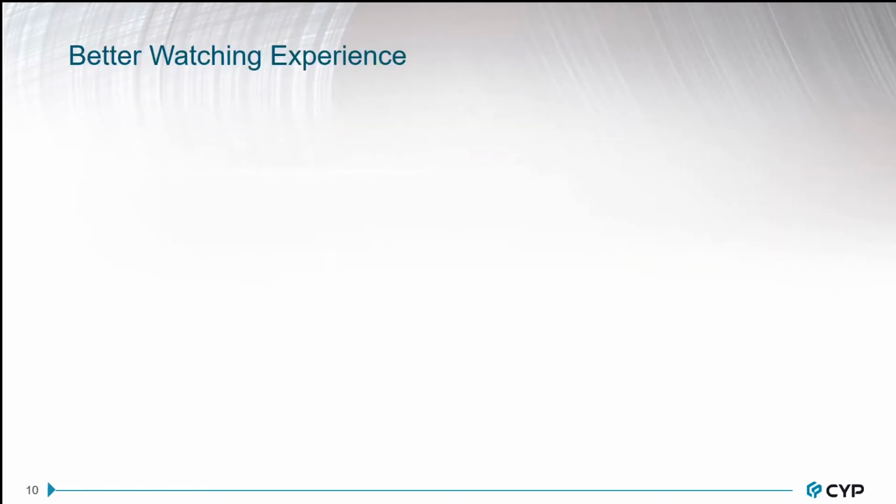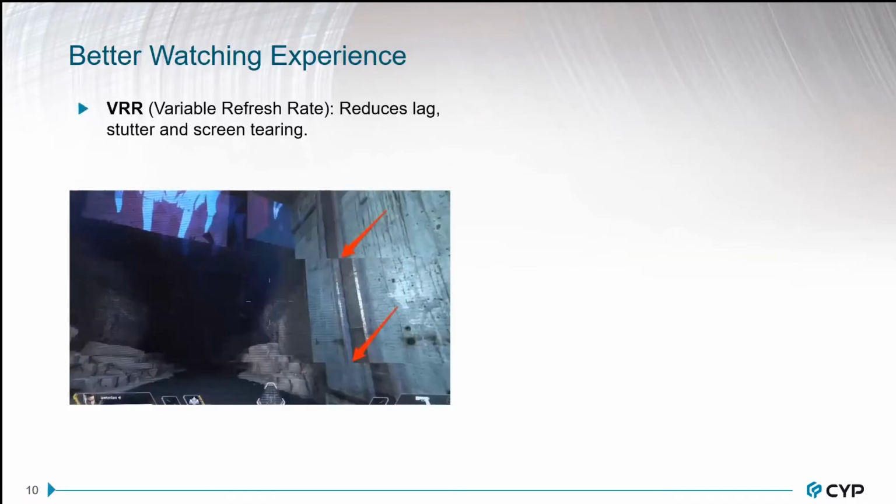And the third main feature is the better watching experience. VRR can reduce or eliminate lag, stutter, or screen tearing, bringing a fluid and more realistic gaming experience. And VRR also enables the GPU to deliver video frames as fast as it can.